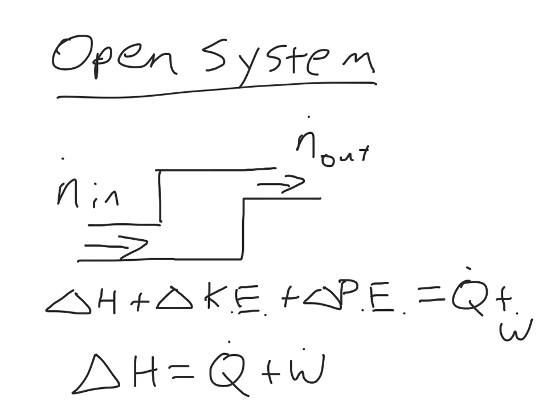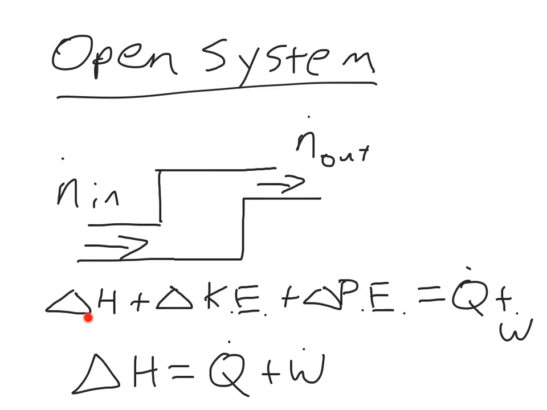So let's just go through the energy balances for an open system. In an open system, we have some material flowing in and out. So we have flow rates in and out. If this is a steady state, the amount of material going in is equal to the amount going out. And we have here the full equation for the energy balance.